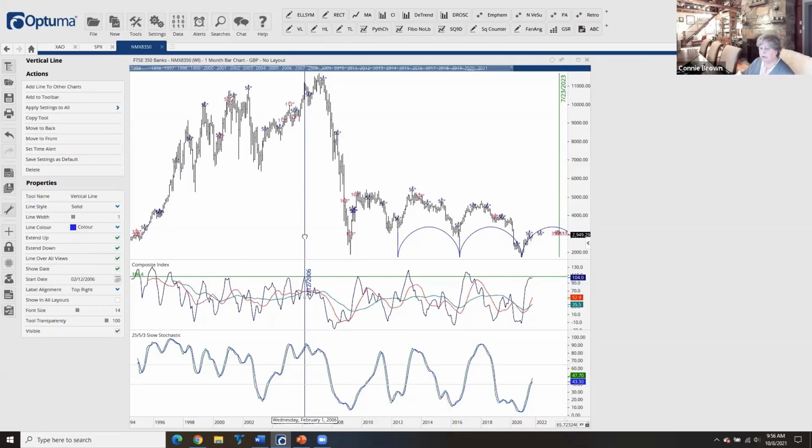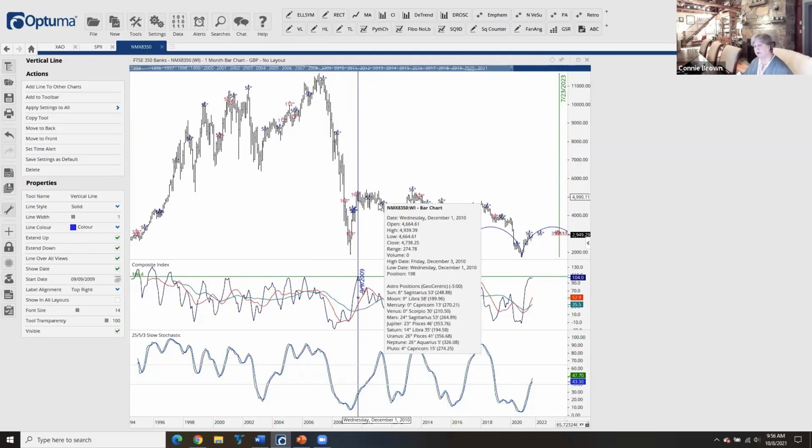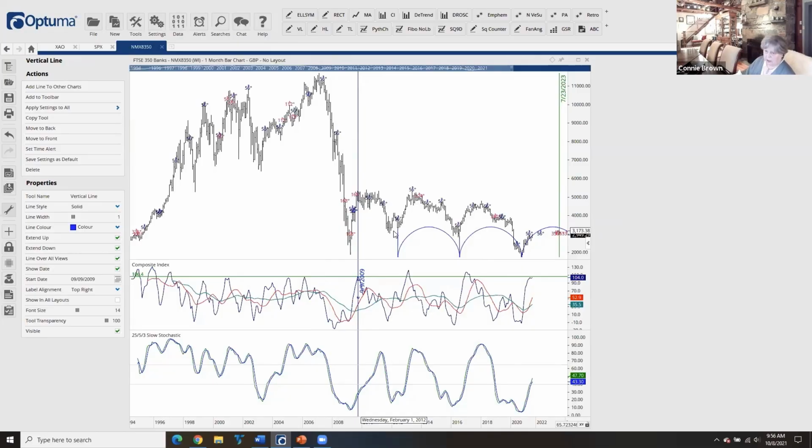So I'm going to move this line over, and you'll see I've got this signal, and here I've got a long wait before it finally peters out. The signal again occurs when stochastics rolls over, and that's where the true break occurs. So I now know the probability of this being the final top is unlikely. You've got to come back down.